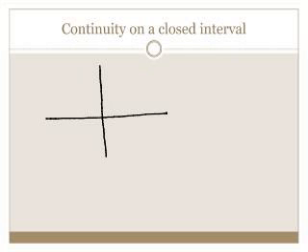So it is possible to have continuity then on a closed interval. So here would be another example. Let's say that we have this graph here, and let's go up here, and then we'll have a ray coming off this way. Okay, so we're going to take a look at a piecewise function here.